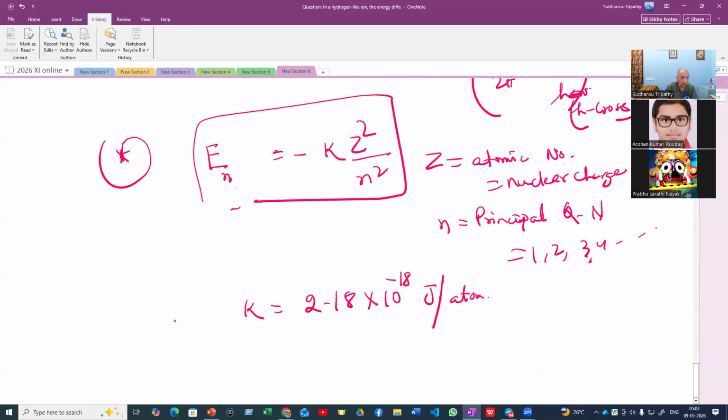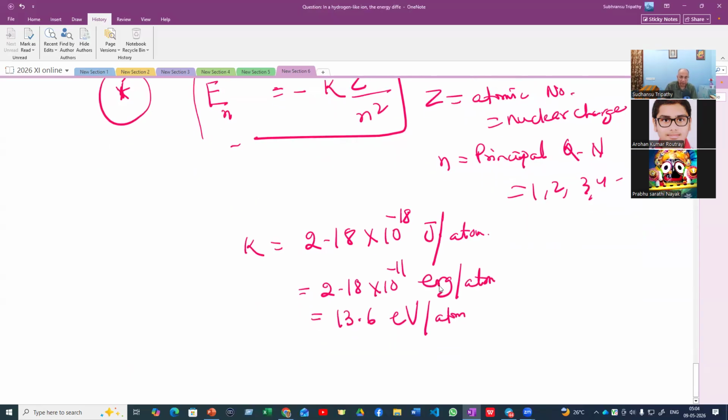It's not joule second, it's not h. Planck's constant is joule second or erg second. This is joule per atom. Energy is in joule per atom, not per mole. पर मोल के लिए आपको Avogadro's constant को multiply करना पड़ेगा, and in CGS it is 2.18 times 10 to the minus 11 erg per atom, or in terms of electron volt it is 13.6 electron volt per atom.